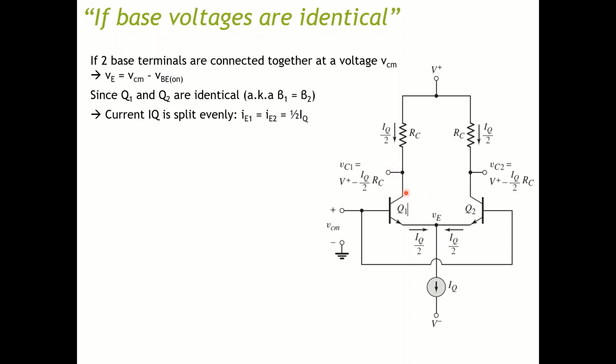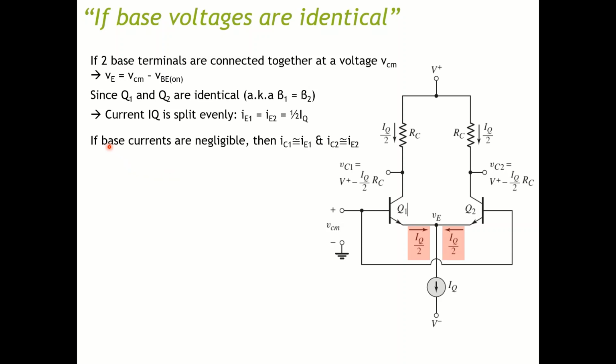These two branches are identical, and usually current will flow to the least resistance path. However, since these two branches are identical, the current can be split evenly. So we have IE1, the current on this branch, equal to IE2, the current on this branch, equal to IQ divided by 2, half of IQ, because it's split evenly.